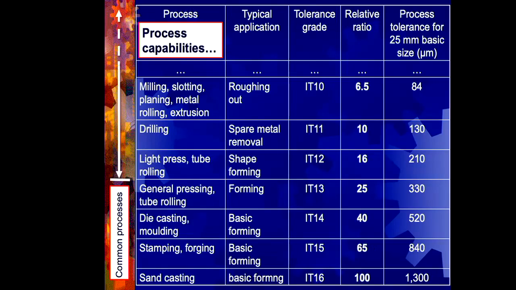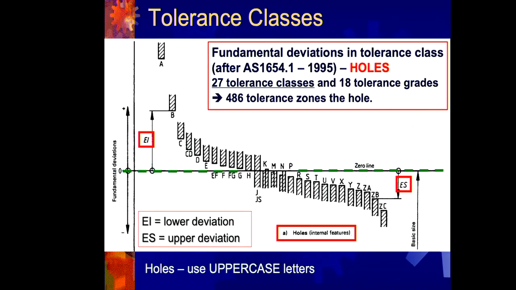That's the surface we're going to get, and that's at the highest IT grade or the thickest tolerance. Cheap, but it has a very high tolerance. So it's not for precision manufacture. Certainly not for high strength, high speed, dynamic applications.